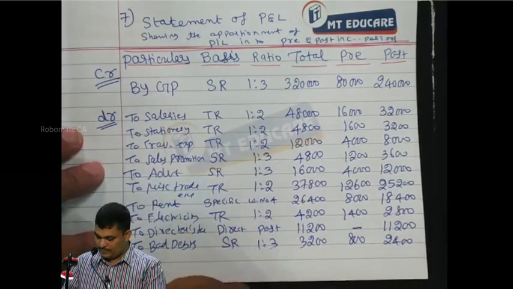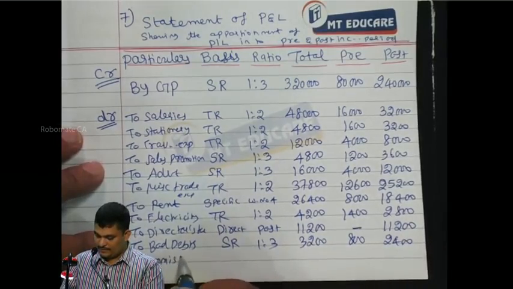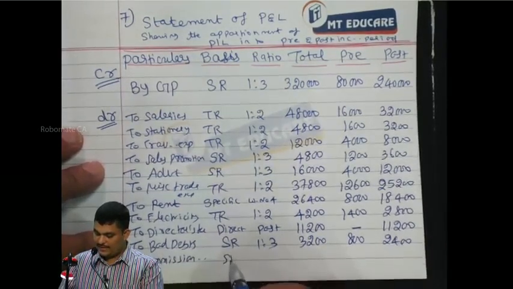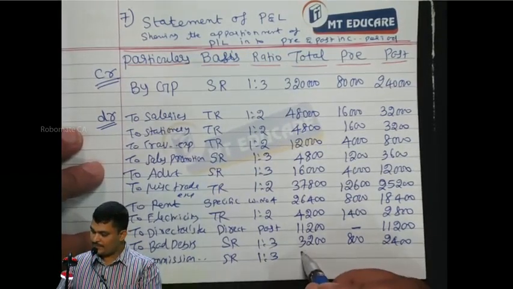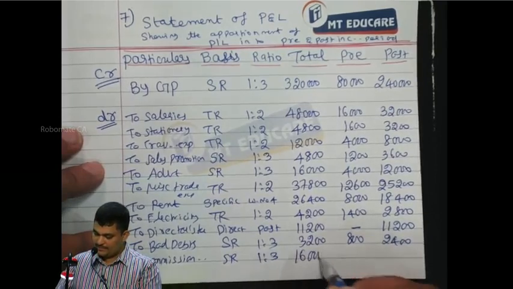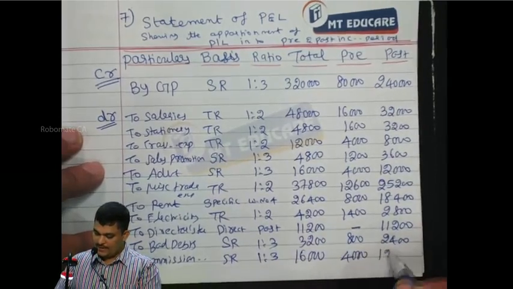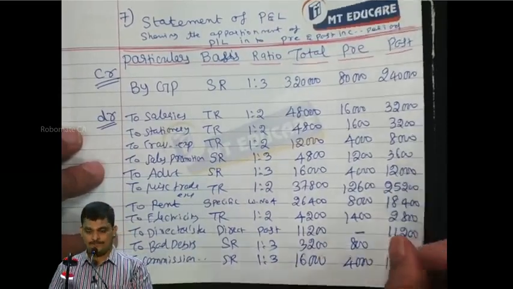Commission, sales ratio 1:3, 16,000 and 12,000. Everybody.